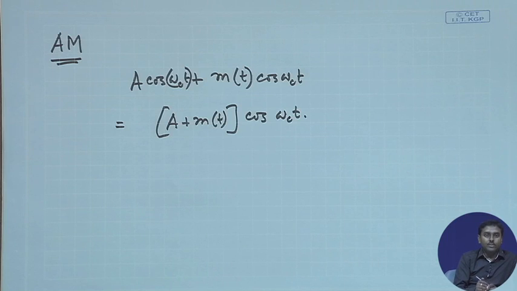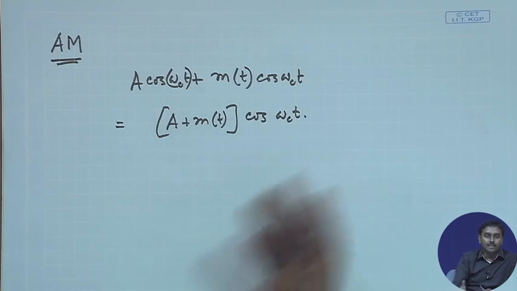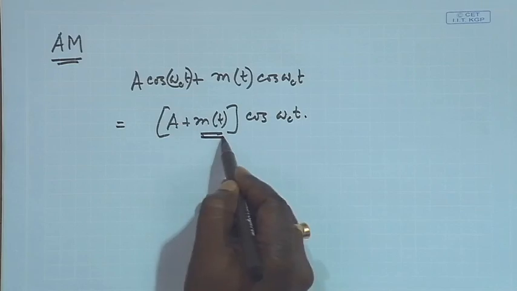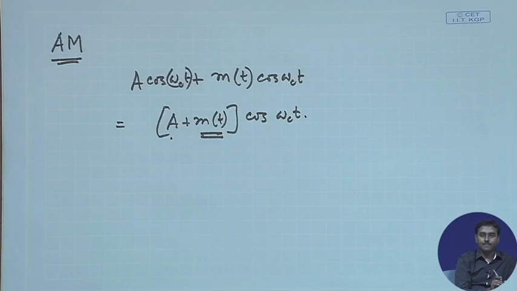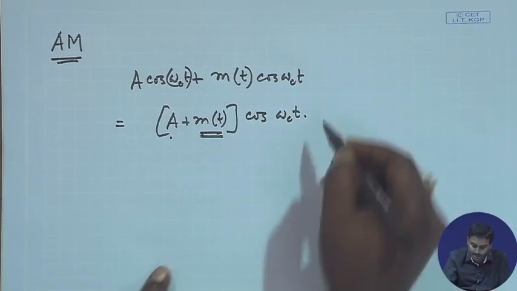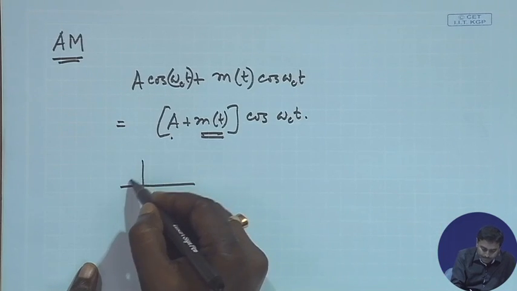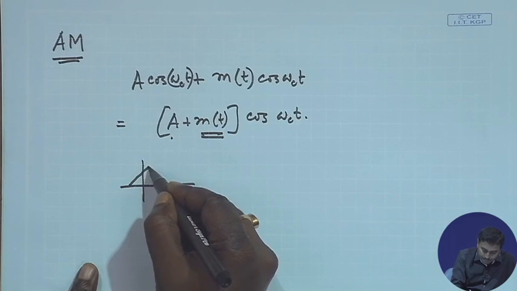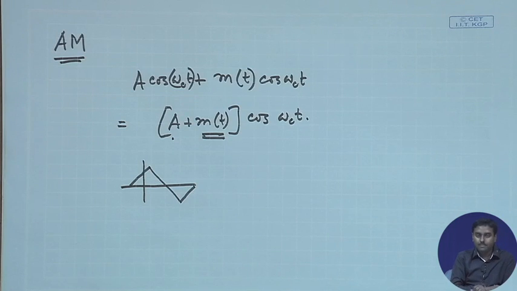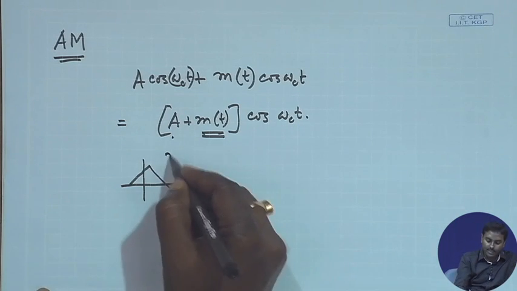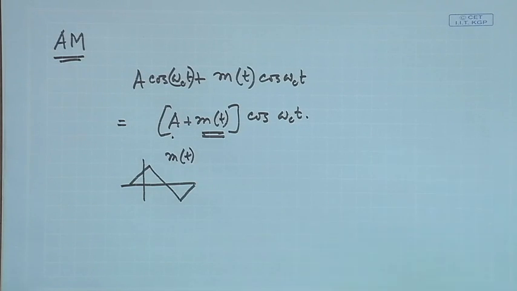So, what is happening? It is almost like a DSB SC, it is just my mt is DC shifted. So, whatever message signal I have, suppose I have a message signal something like this. Okay, so this is my mt, corresponding some MF I have.